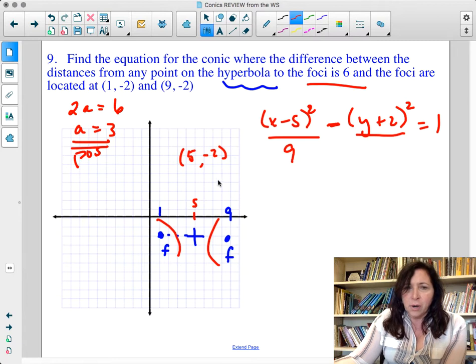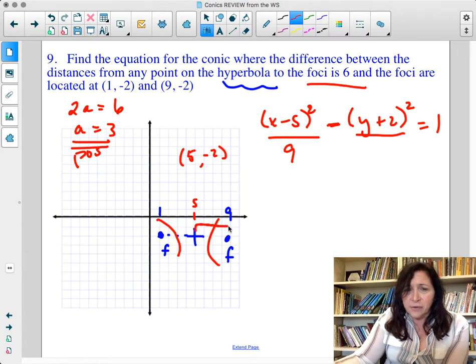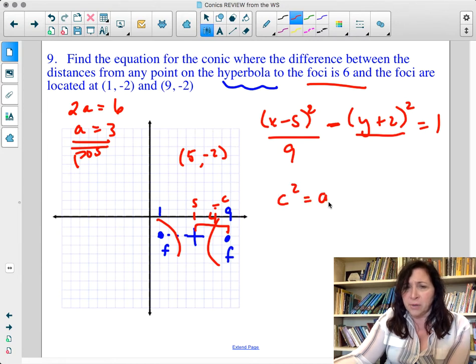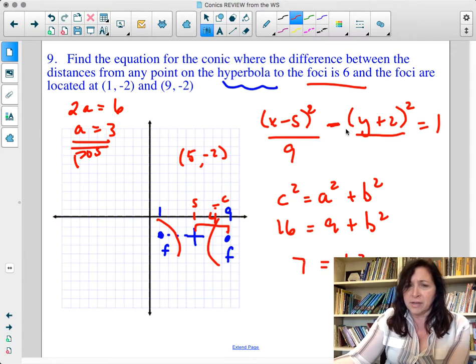So therefore, I know c goes from here to here, and that's 4. So c equals 4. For a hyperbola, c squared equals a squared plus b squared. So we have 16 equals 9 plus b squared. So that means b squared is 7. Cool.